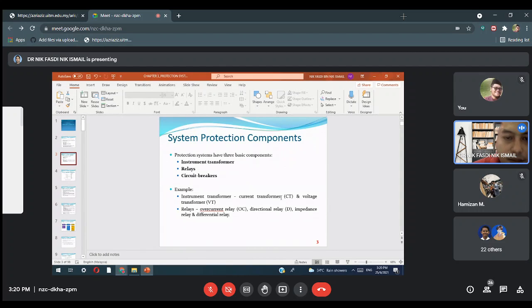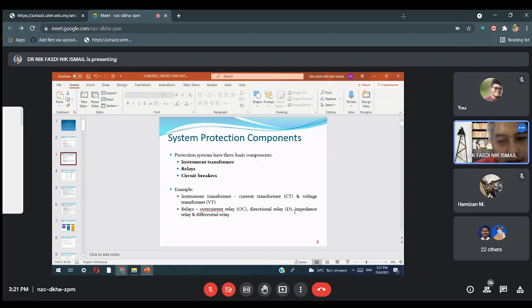Relays: these are the types of relays. Overcurrent relays sense the overcurrent. We have directional relays, which, if you still remember, operate based on the forward direction. Then we studied the impedance relay.